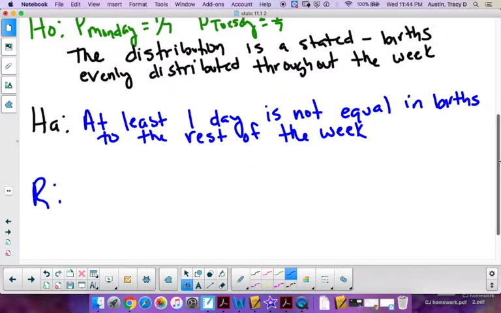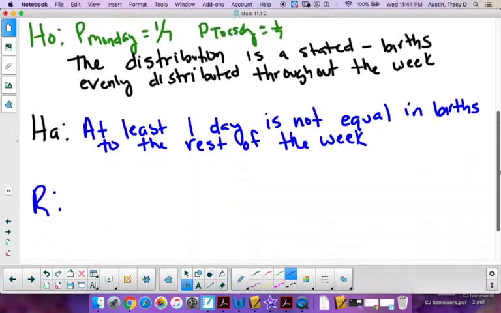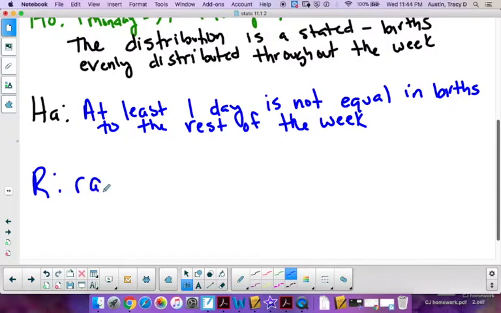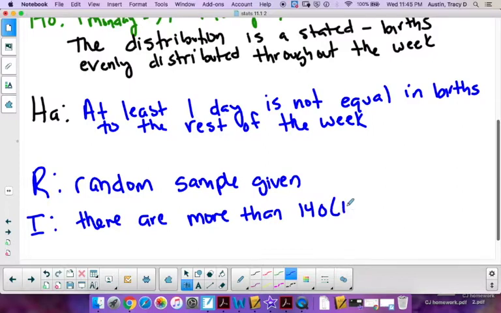Random. You go back into your statement always like normal. Random sample given, so we're good. Or sample was randomly taken. I've seen several of you write that, and I like the way that sounds. Okay. Independent. Same thing as we've always done, there are more than, well, they took a sample of 140 times 10.